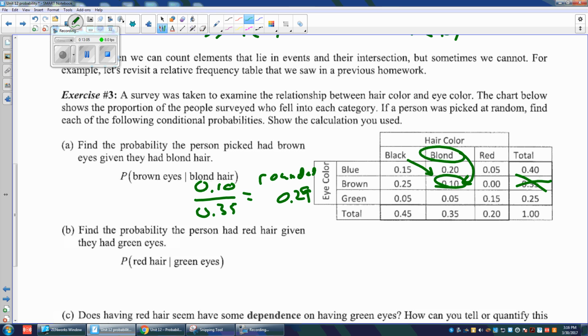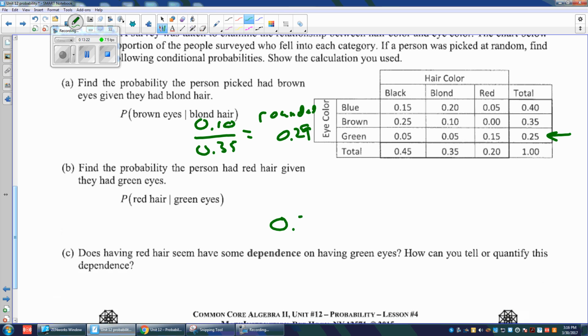Find the probability the person had red hair, given that they had green eyes. Given green eyes, we're looking this way. Red hair. So that means if you are only looking at green-eyed people, 60% of them have red hair in this population.